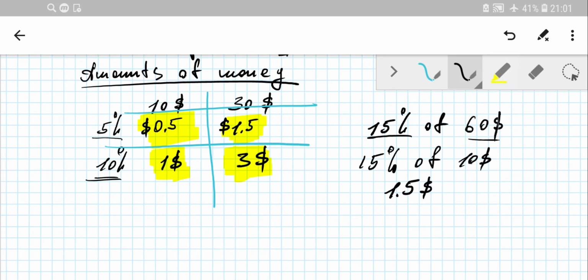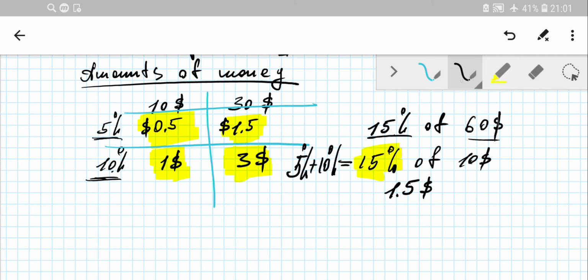Of course, you can also calculate without using the table. But if you're based on the table, you see the values where they come up together: 5% and 10% together give you your amount for 15%.